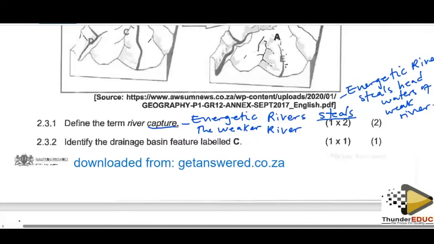So the concept here is this word to still. Some learners, they usually repeat the concept where they say river capture when a river captures another river. So we want to understand the concept of capture. That is why we are using the word to still.